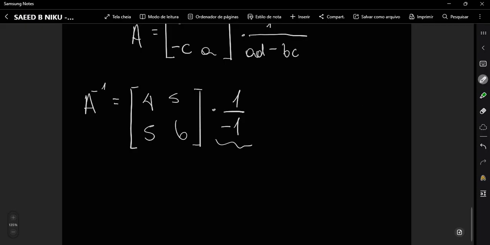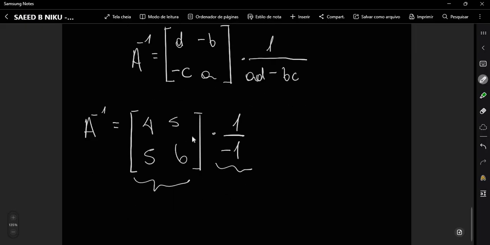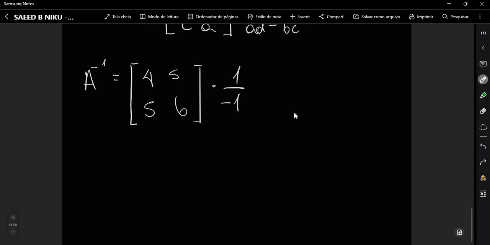Actually, we are dividing this matrix by the determinant, which is -1, but multiplying by 1 over -1 is the same as dividing.